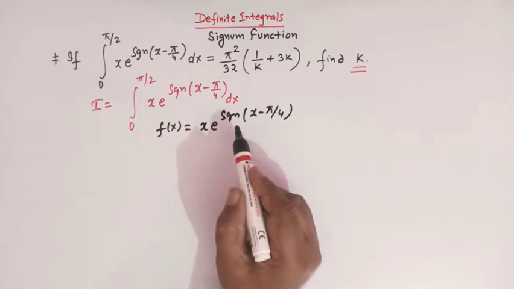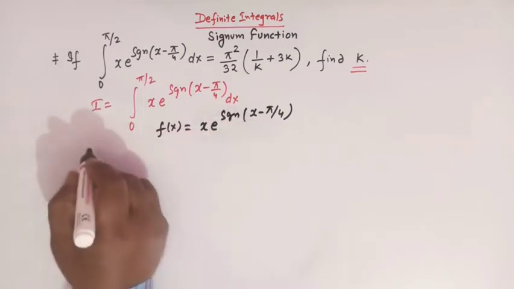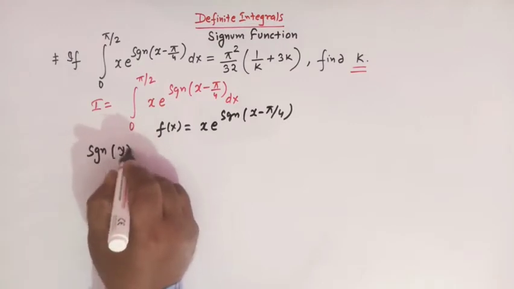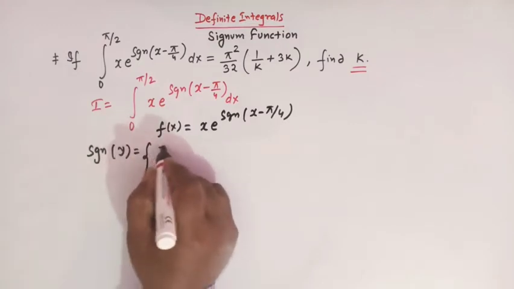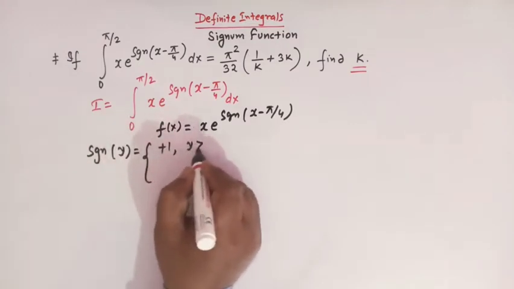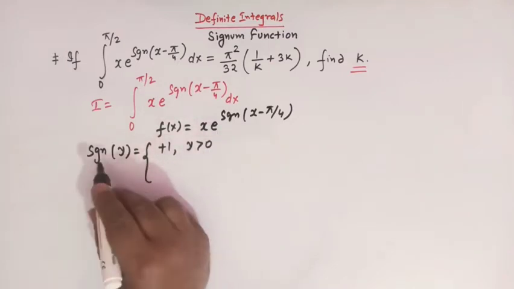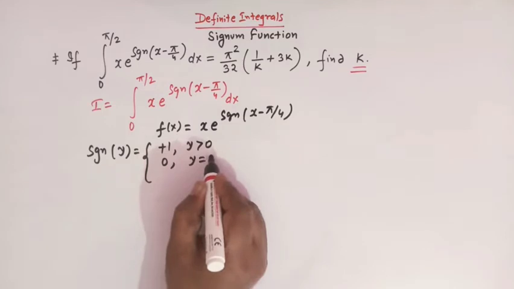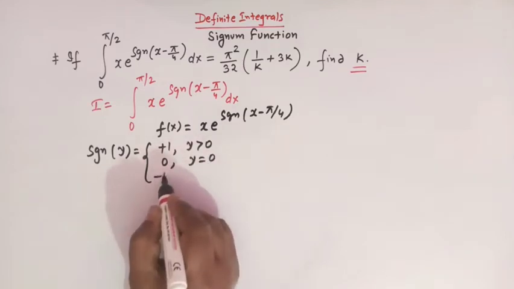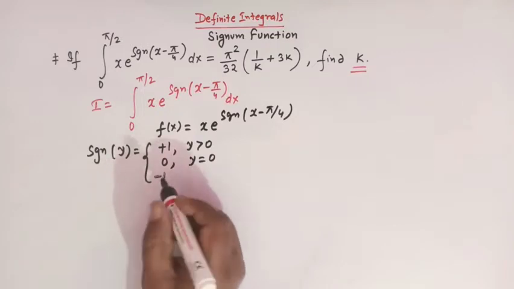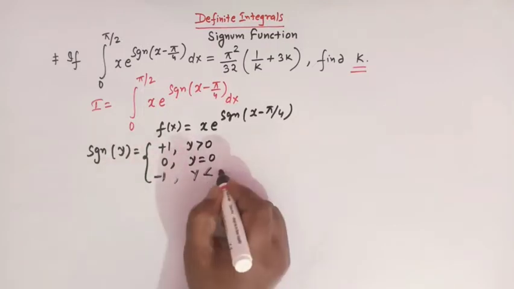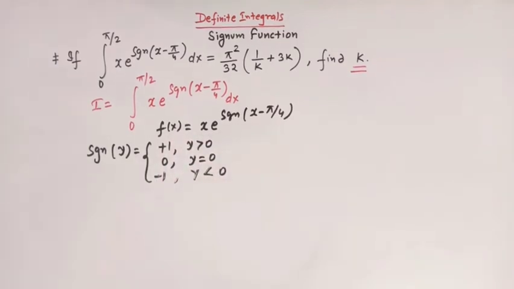Now from the definition of Signum function, we know that Signum of say y is equal to plus 1 whenever y is greater than 0, and Signum of y is equal to 0 whenever y is equal to 0, and it is Signum of y is equal to minus 1 whenever y is less than 0, right?